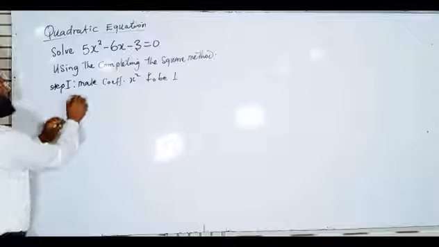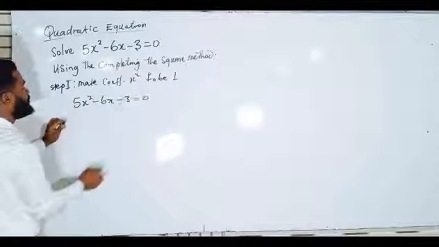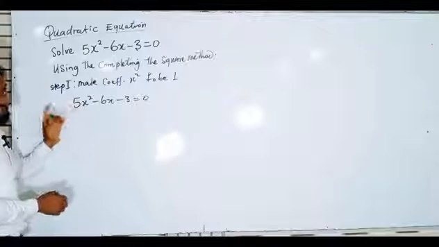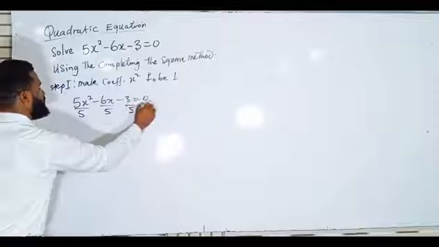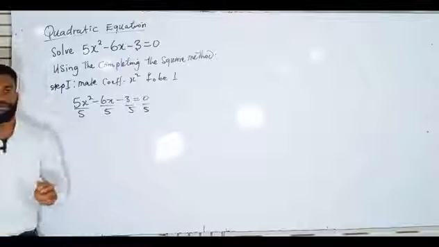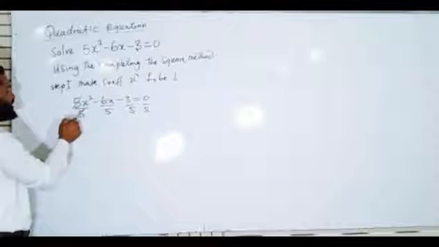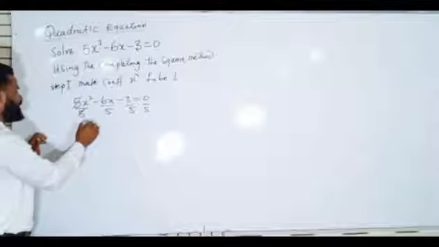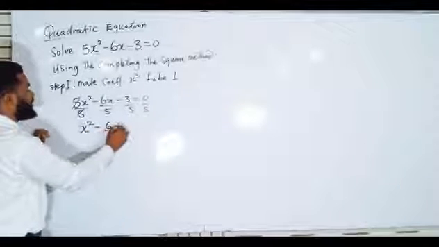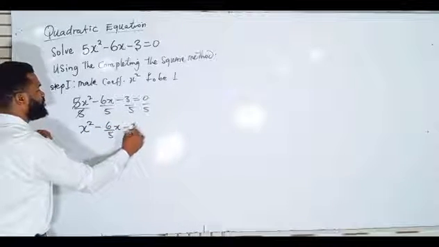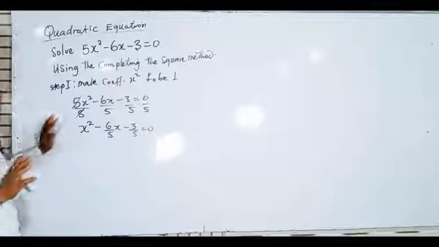So I have 5x squared minus 6x minus 3 equal to 0. To make this coefficient unity, I will divide by 5. Simply put, divide both sides by 5. So this 5 divided by itself is 1, so x squared is 1 now. Then minus 6 over 5 x minus 3 over 5 equal to 0. I have done step 1.